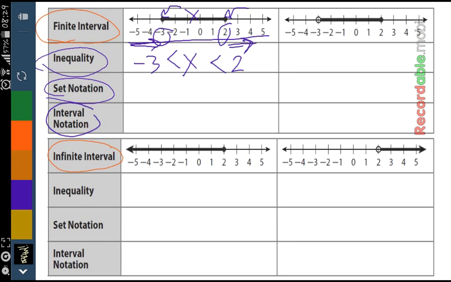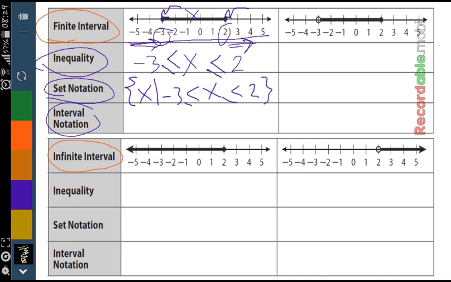Shaded circle means that the numbers are included inside the interval, so we must put the sign of equality here and here. In order to represent this in set notation, all we have to do is to draw this bracket and say x such that x greater than or equal to -3 and less than or equal to 2.